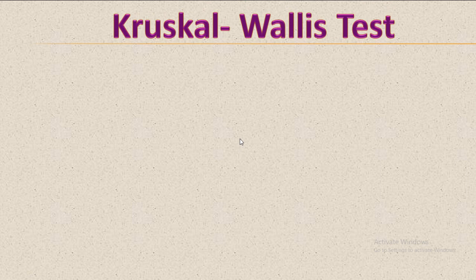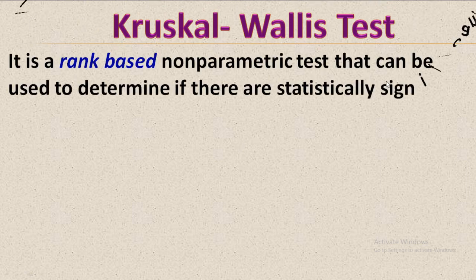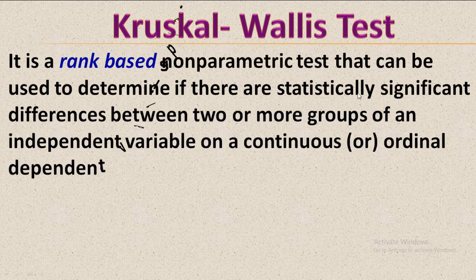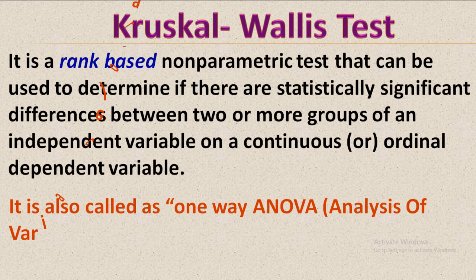The Kruskal-Wallis test is a rank-based non-parametric test that can be used to determine if there are statistically significant differences between two or more groups of an independent variable on a continuous or ordinal dependent variable. This test is also called one-way analysis of variance on rank.